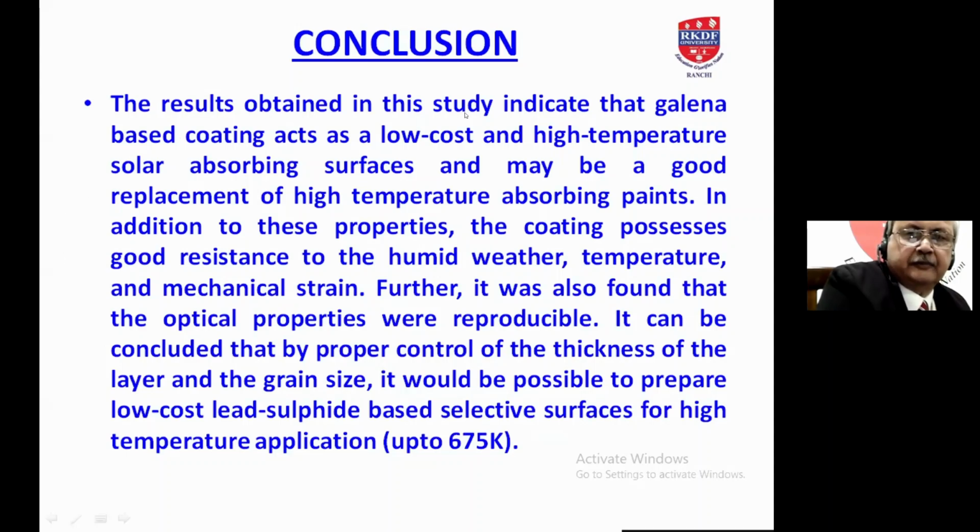The results obtained in this study indicate that the galena-based coating acts as a low cost, high temperature solar absorbing surface and may be a good replacement for high temperature absorbing paint. In addition, the coating possesses good resistance to humidity, weather, temperature, and mechanical strength also.